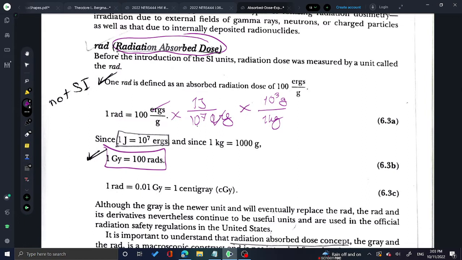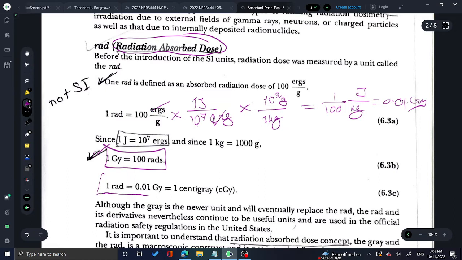So if we do this, then we get what? Here we have 10 to the power 7, here 10⁻³ and here 10⁻², and canceling out we get 1/100 joule per kg, or 0.01 gray, right? Because we know joule per kg is basically gray. So this is what is written in the next line: 1 rad will be equal to 0.01 gray.